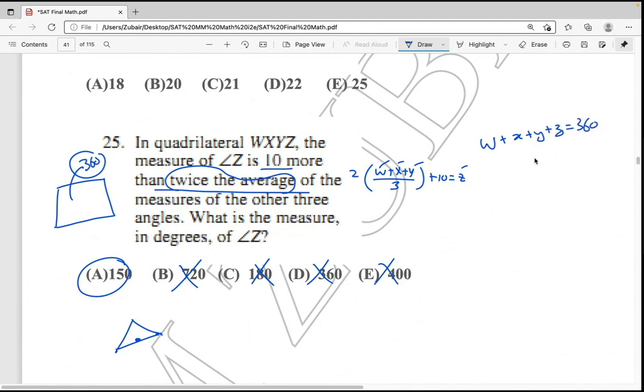So w plus x plus y equals 360 minus z. Then 360 minus z over 3, into 2, plus 10 equals z. Now, I'm solving it because I never went into this working. This is 720 minus 2z over 3, plus 10 equals z. 3z plus 10, yeah, you get z equals 150.